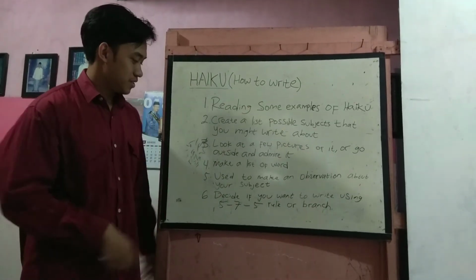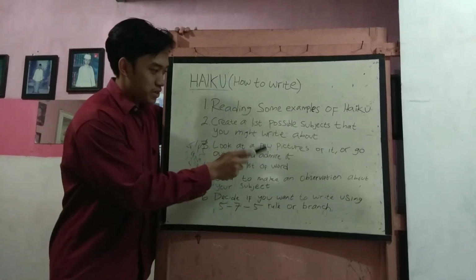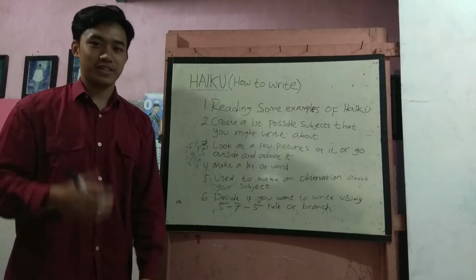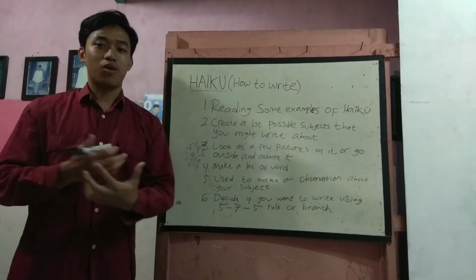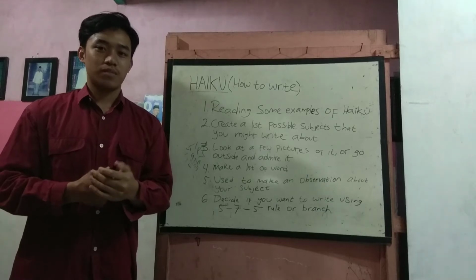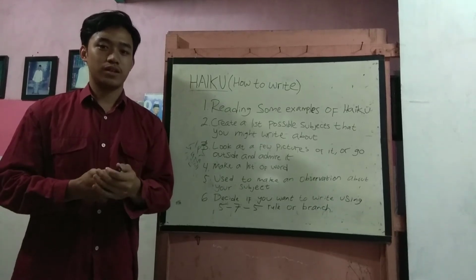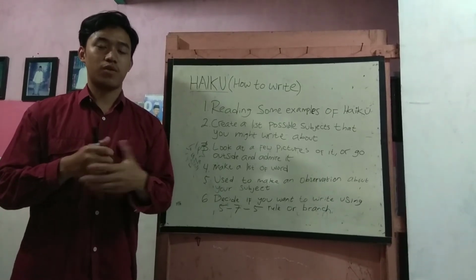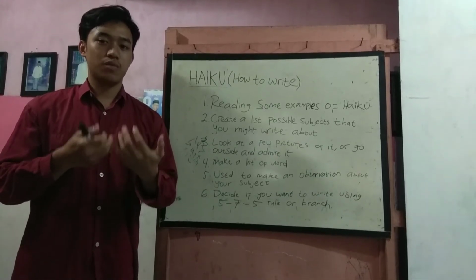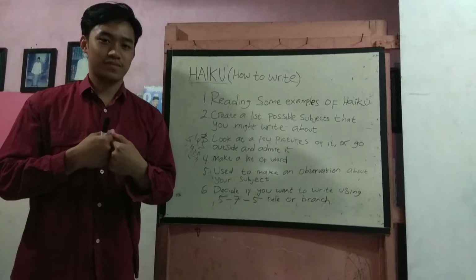And the third is to look at a few pictures of it, or go outside and admire it. Like all of the great poets before you, some of the greatest inspiration comes from simply admiring nature and the world around them.